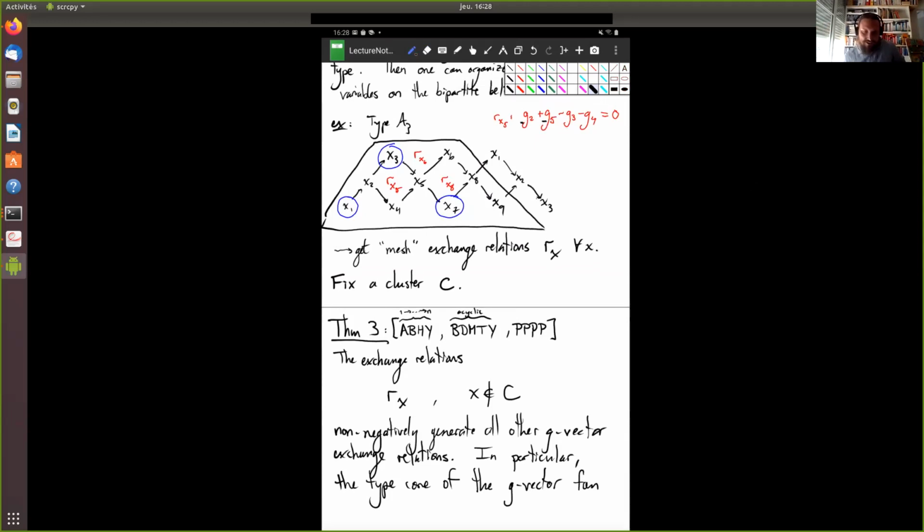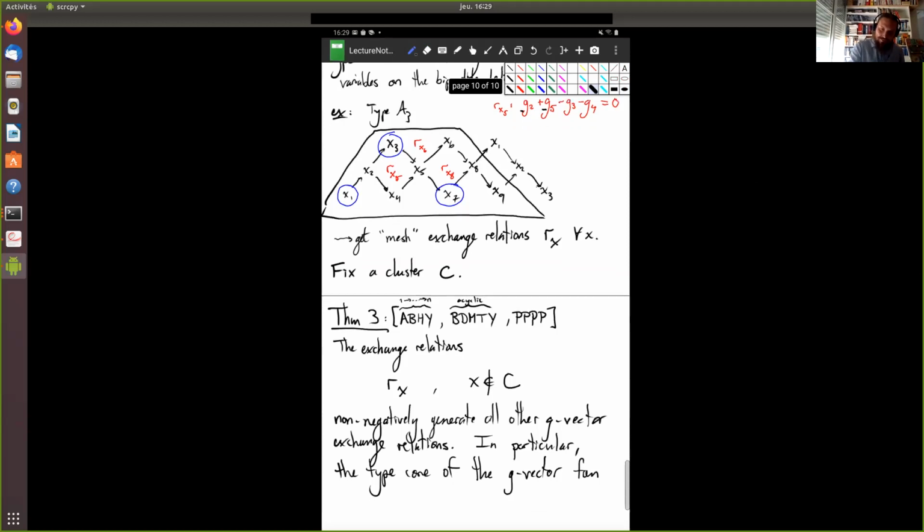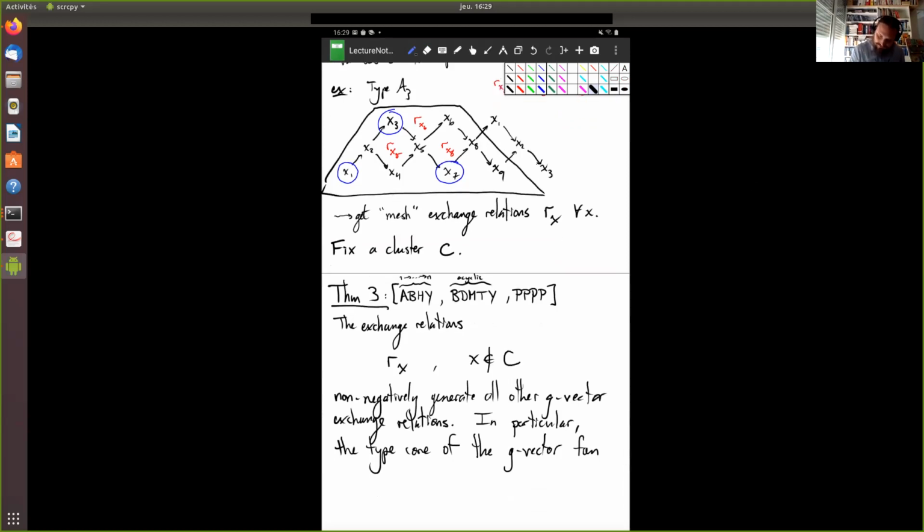If you choose all the mesh relations and you remove those that correspond to variables in your initial cluster, whatever the initial cluster is, then you have enough relations to generate all relations between G vectors for your cluster algebra. And in particular, these define the facets of your type cone, and the type cone is simplicial. Oh, I didn't finish writing the sentence.